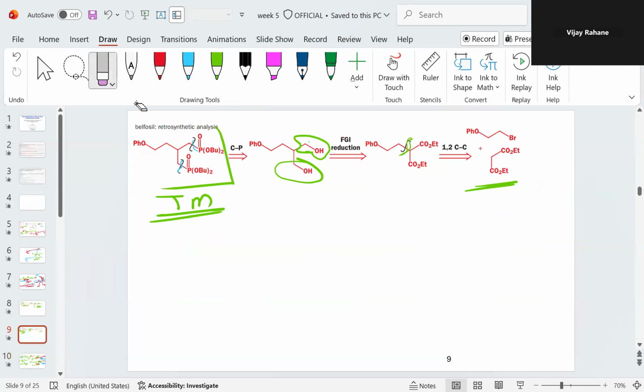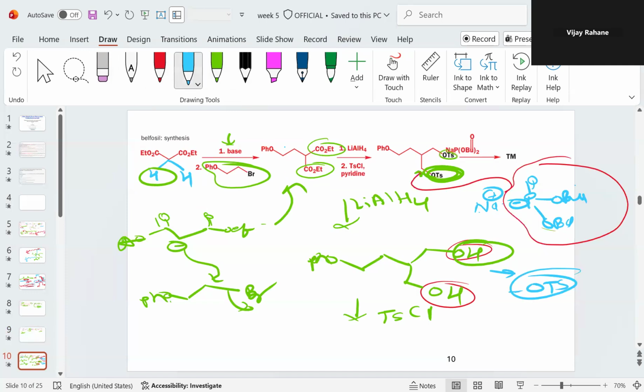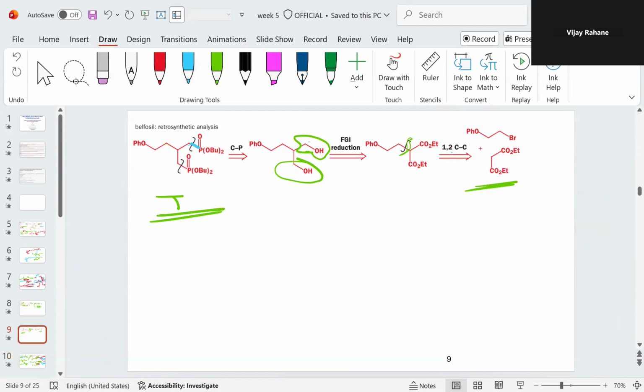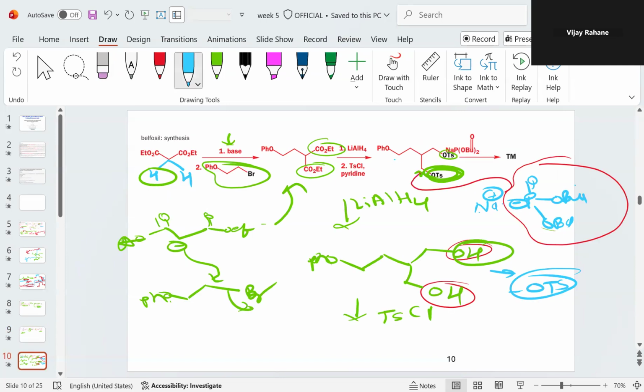If you look at this target molecule, there was a phosphorus-carbon bond, and that new bond formed in this last step. This was the molecule which has the name Bill fossil. That's how the retrosynthesis of this molecule has been done.